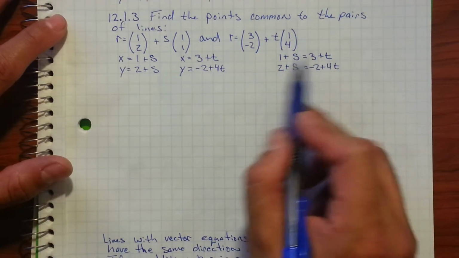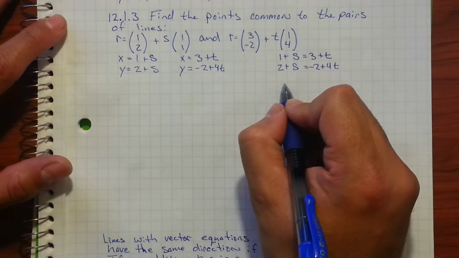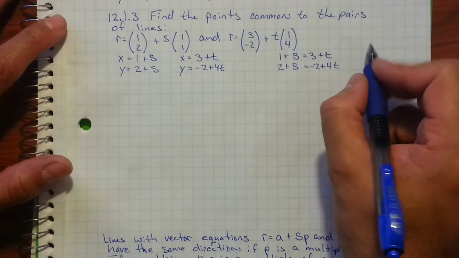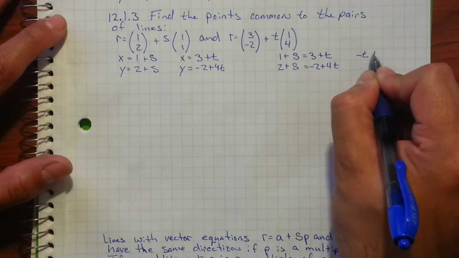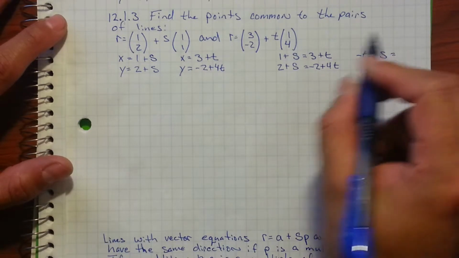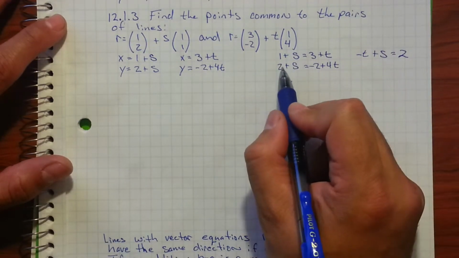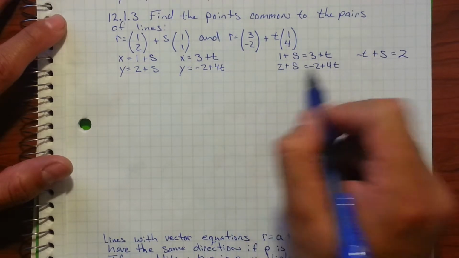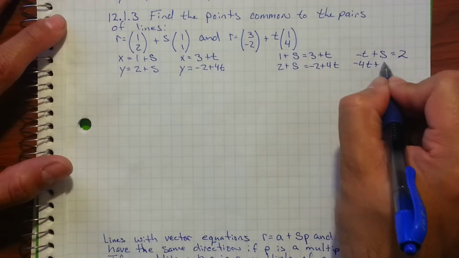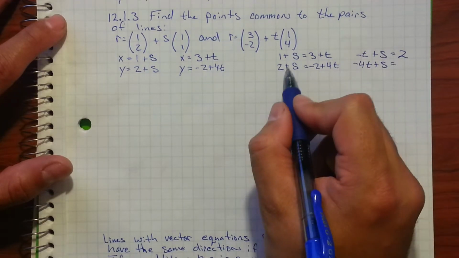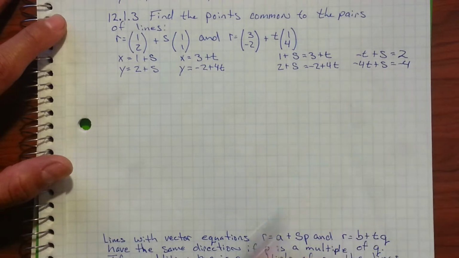So this is going to become -t plus s is equal to, I'm moving this over here, 2. And now this one's going to be -4t plus s is equal to, now subtract this over here, I get -4.